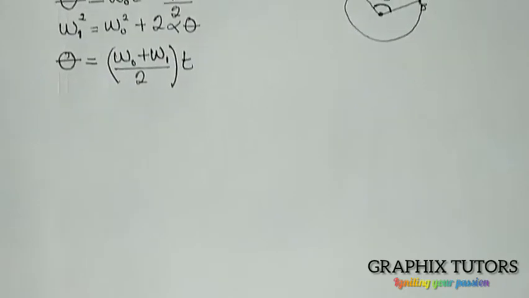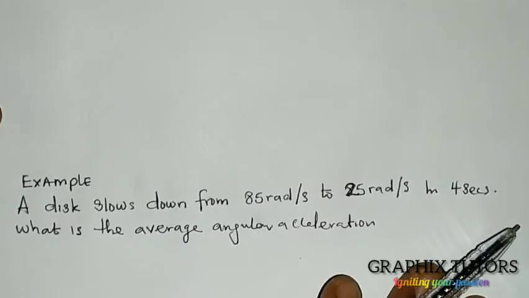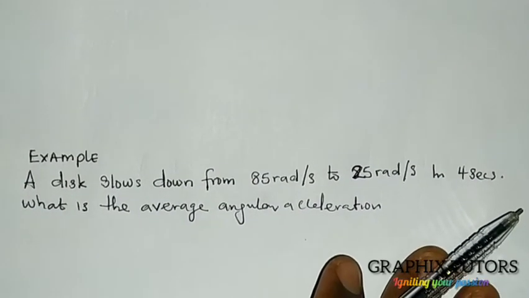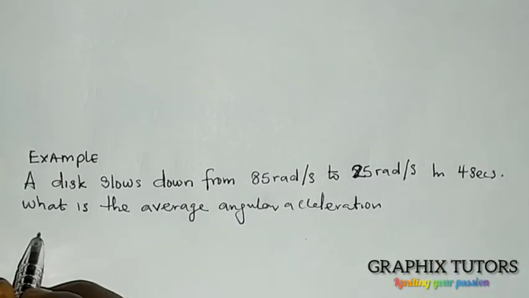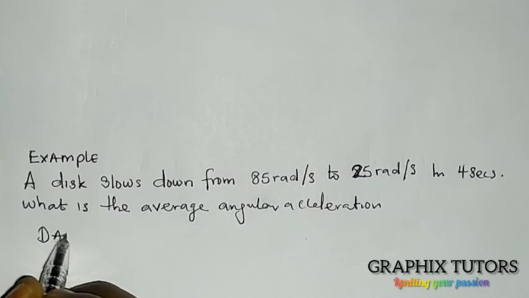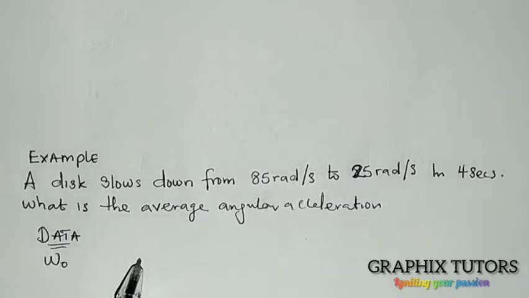Look at this question here now. It says a disc slows down from 85. So it's slowing down. That means our data here: the initial angular velocity is 85 rad per second.